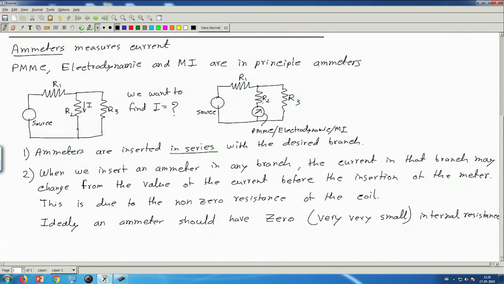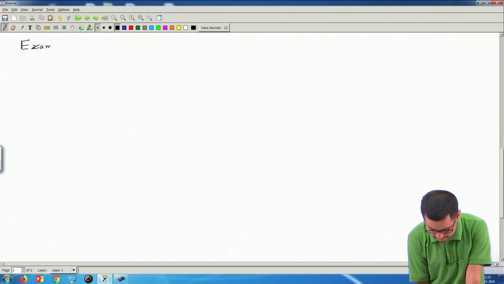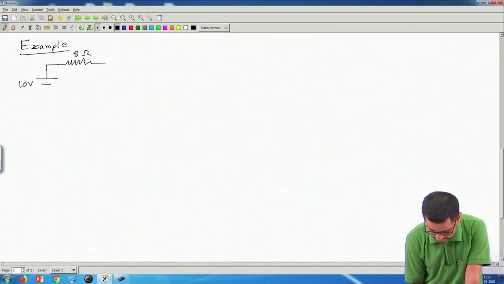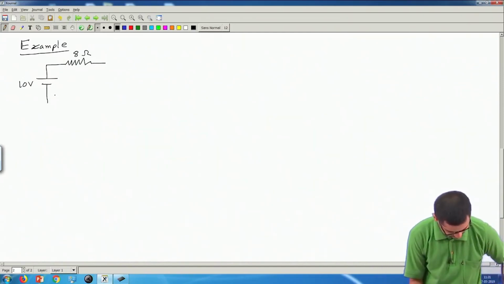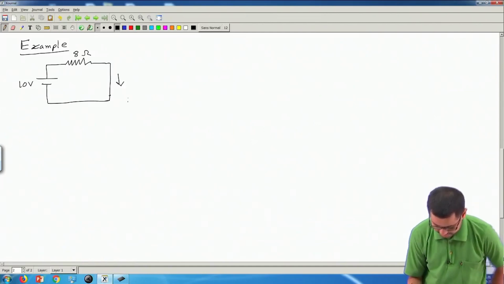Now, let us take a small example. Suppose I have a very simple circuit, say a 10 volt source which has 8 ohm resistance in series, and some current is flowing in this branch.